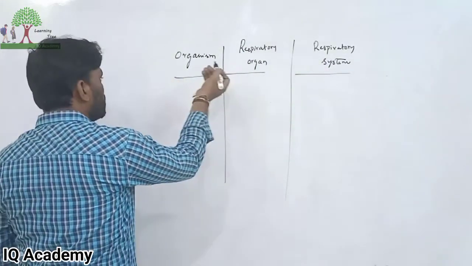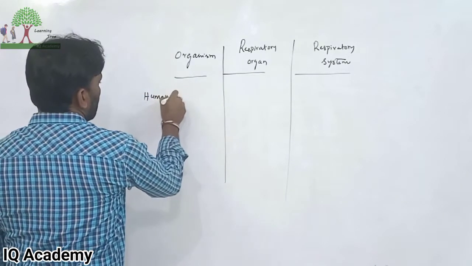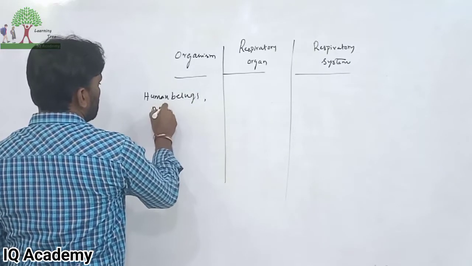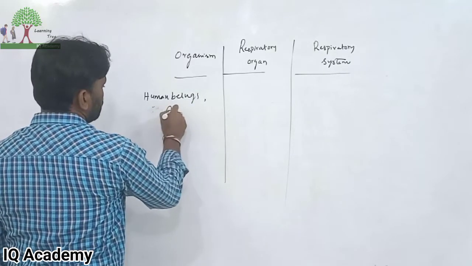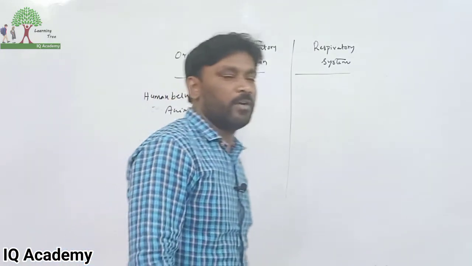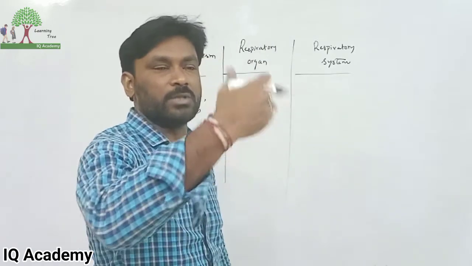Take an example first: human beings and terrestrial animals like cow, buffalo, goat, sheep, ox, camel, etc., which live on land.